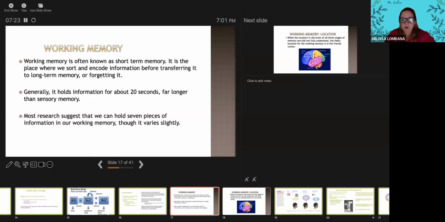So write this down, we are processing auditory as well as visual and spatial information. Okay, so make sure you have that. And then the key thing here with short-term memory and working memory is that it is really vulnerable to interference of other information.